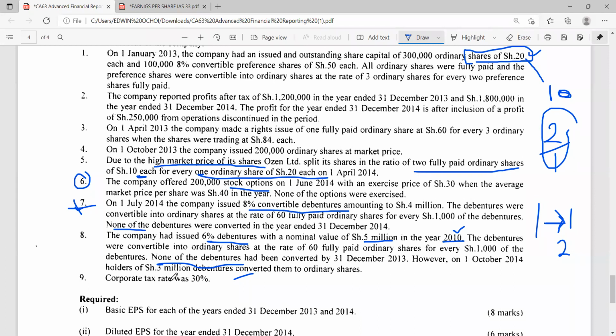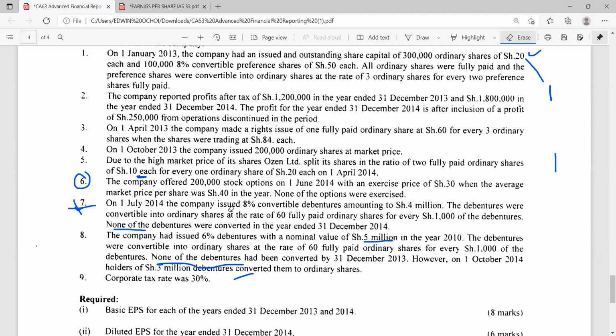However, on 1st October 2014, 3 million debentures were converted to ordinary shares. So we have to use it now in 2014 because they have said specifically that 3 million was converted to ordinary shares. In which proportion were they converting?